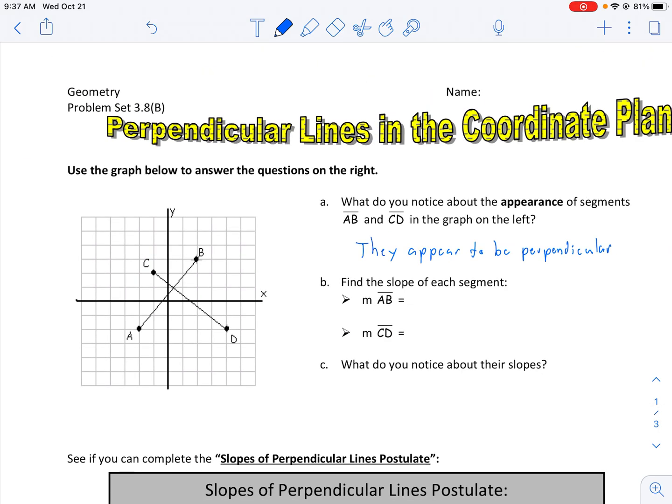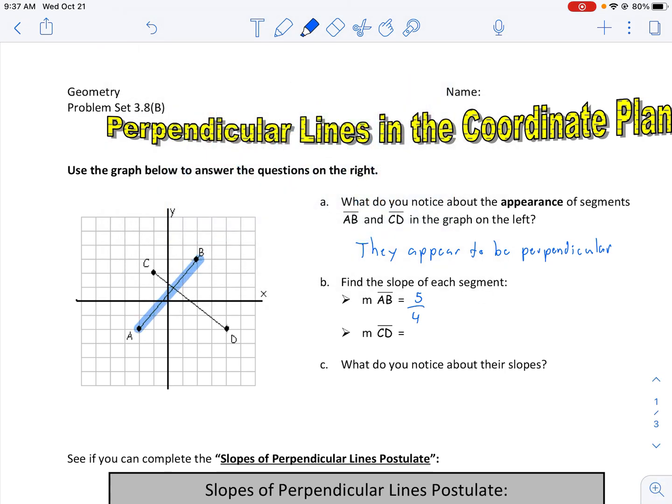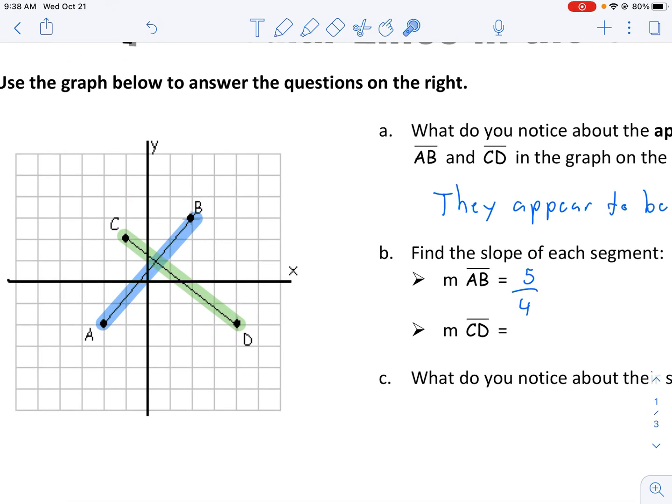So let's find the slope of each segment, AB and CD. We can just count here. So from A, I go up 1, 2, 3, 4, 5, over 1, 2, 3, 4. So that slope is up 5 over 4. And for line CD, again, we can just count, and we can go down 1, 2, 3, 4, over 1, 2, 3, 4, 5.